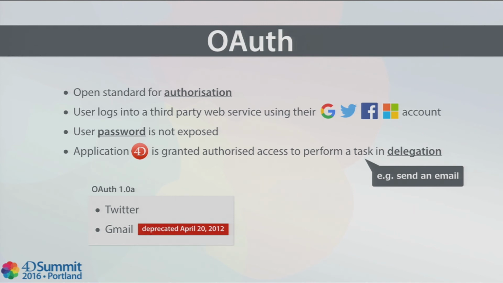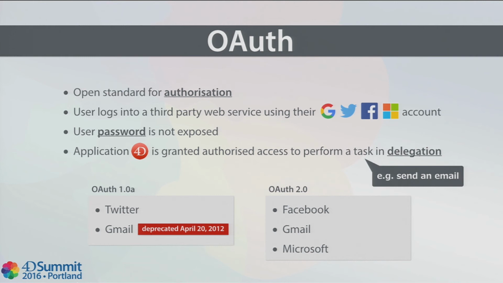Now, OAuth was introduced sometime in the past by Gmail, but back then they decided to use a convention known as OAuth 1.0a. It's a very complicated procedure, and as you can kind of deduce, it was superseded by OAuth 2.0.